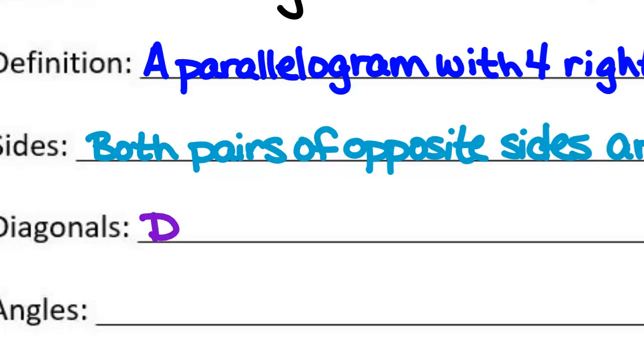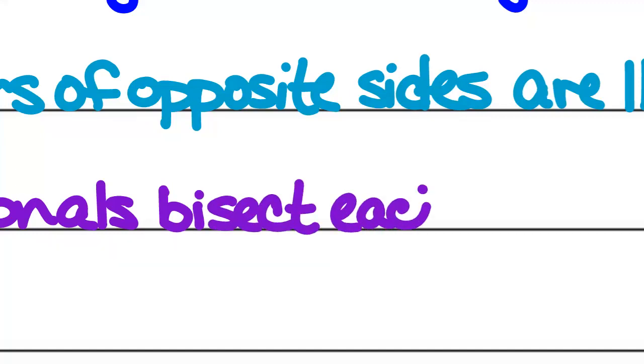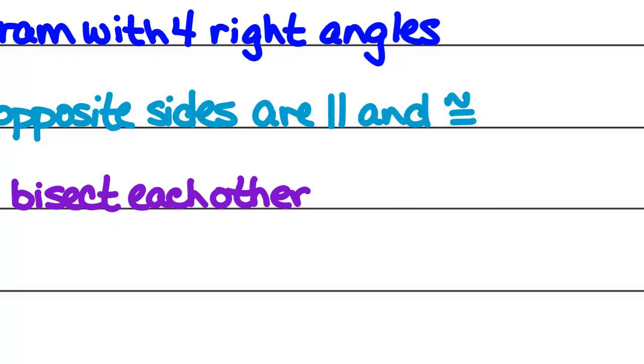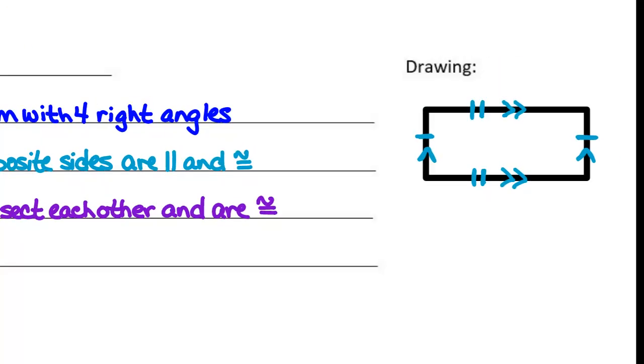The diagonals, because it's a parallelogram, that means the diagonals bisect each other. But because they have 4 right angles, that means those diagonals are also the same size as each other. They are congruent.